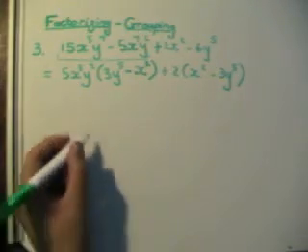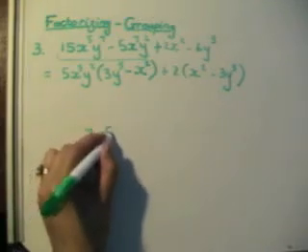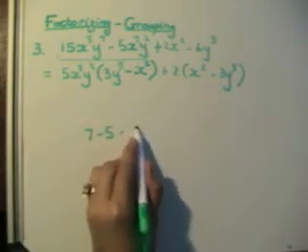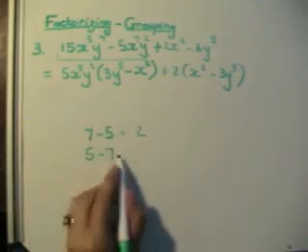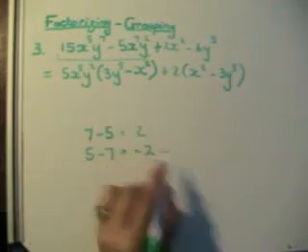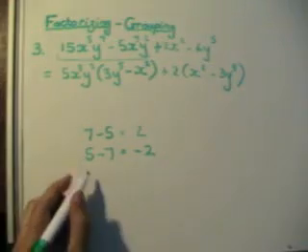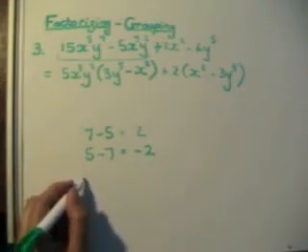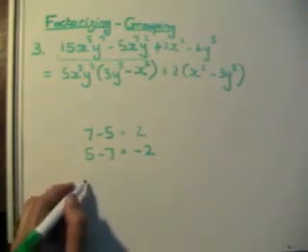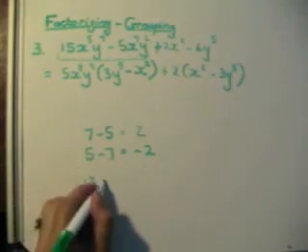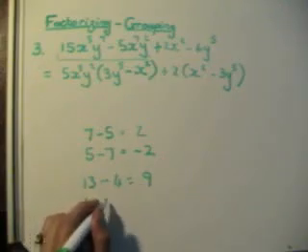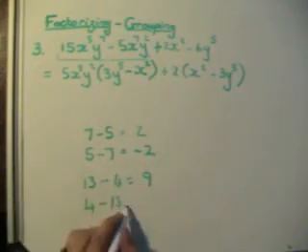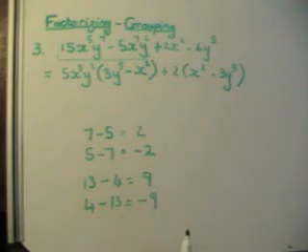quickly have a look at this. You know that 7 minus 5 is equal to 2, and then if I swap these around, what happens? 5 minus 7 is equal to negative 2. If I can just use another example, it will always work like this. Say for instance 13 minus 4 is equal to 9, then 4 minus 13, if I swap them around, gives me negative 9.